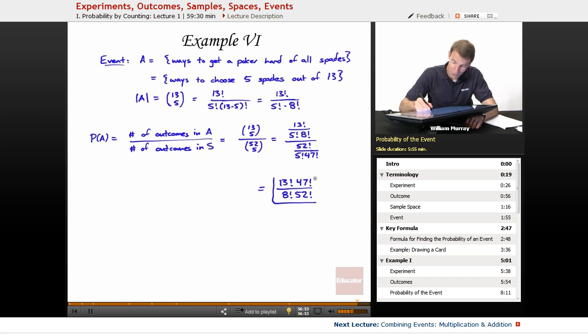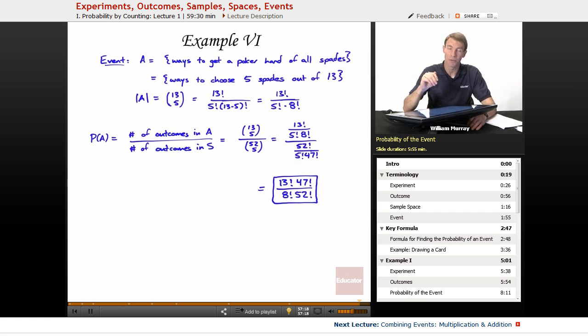I'm going to make no attempt to actually calculate that as a number. It would be a very small number. But that is our probability, if you draw 5 cards out of the deck, that all 5 cards will be spades. So that's the end of our 6th example there.